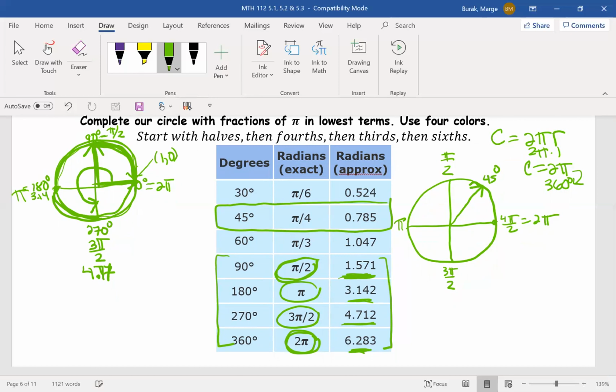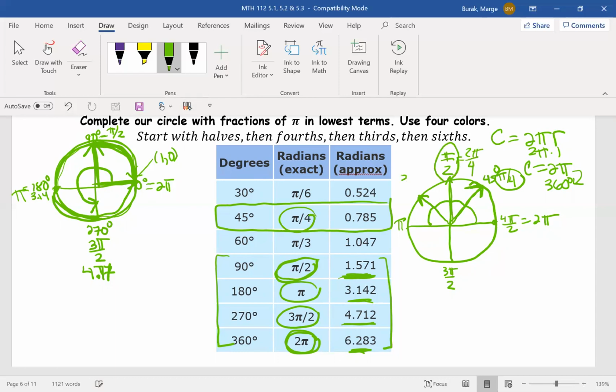Okay, so now let's look at 45 degrees. 45 degrees is right here. Well, that's going to be 1/4 of pi, because as you can see, there's 1, 2, 3, 4 fourths. So 45 degrees is going to be 1/4, or pi over 4. And up here would be 2/4, which is 2 pi over 4, but we reduce that to pi over 2.